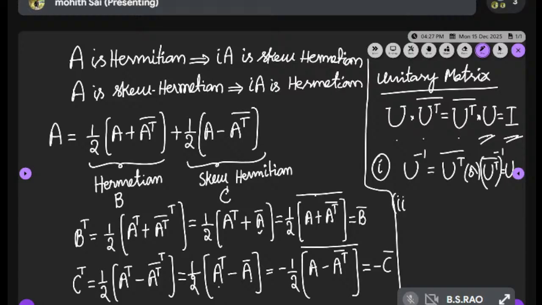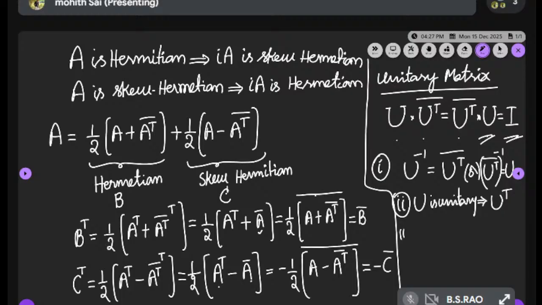Next, if U is unitary, it implies U transpose is also unitary.